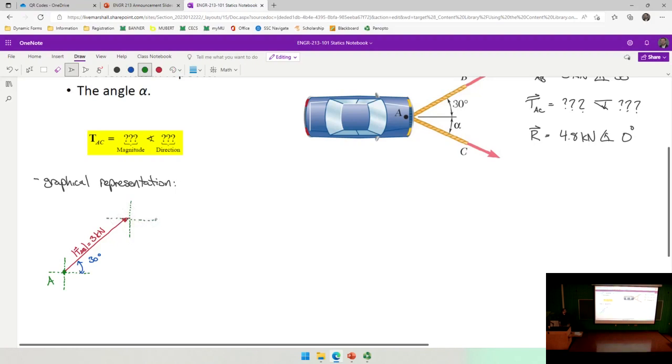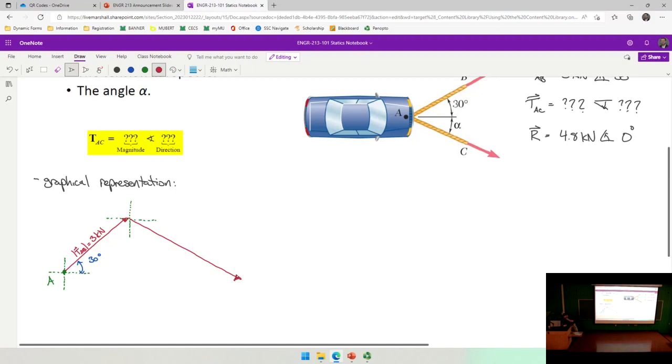And I'm going to start drawing vector AC. Now, I don't know how long vector AC is. I have no idea. But let's see what I can see. That's probably pretty good.